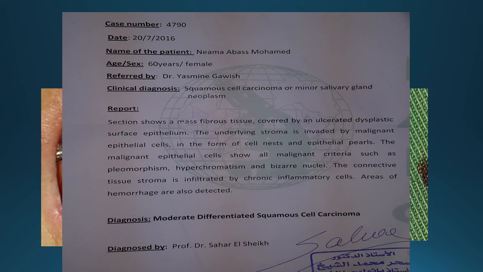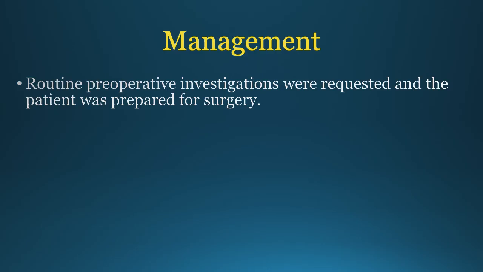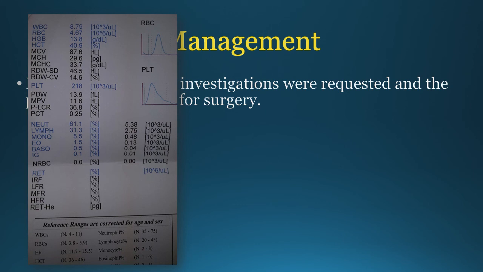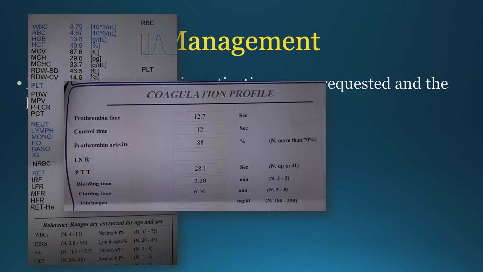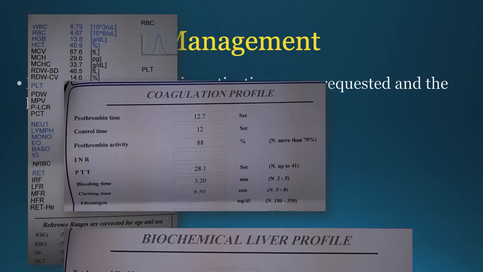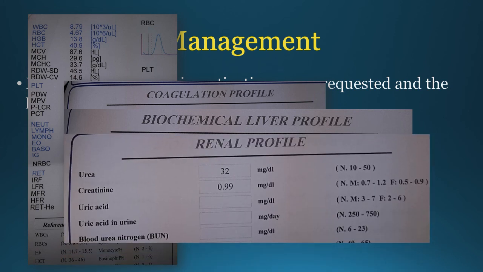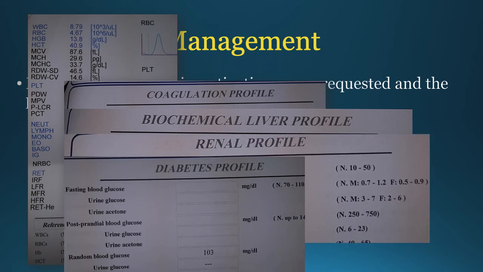So now we have malignant transformation. So we ask the patient to provide us with routine investigations to prepare her for the surgery: CBC, bleeding profile, liver profile, renal profile, and diabetes profile.